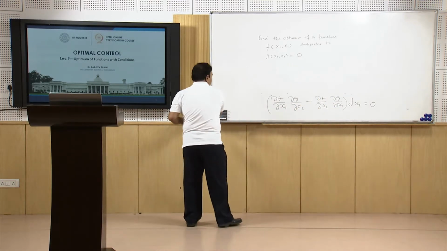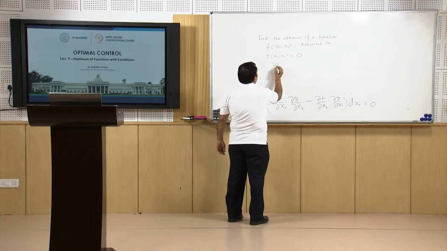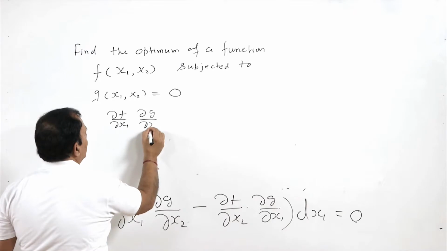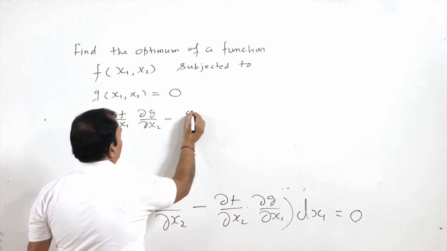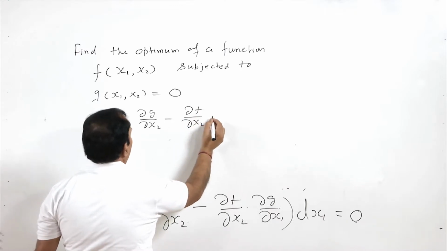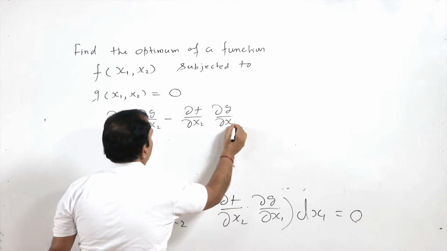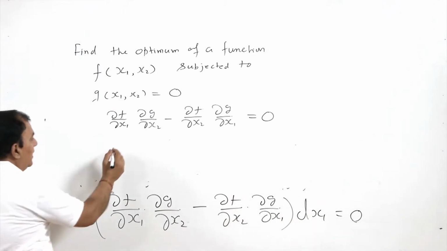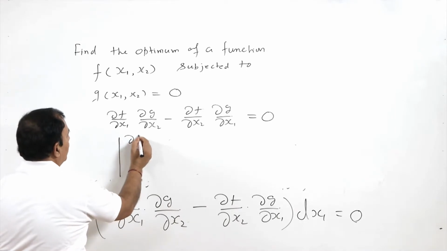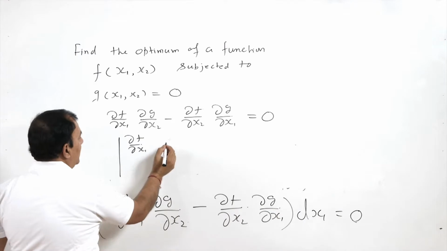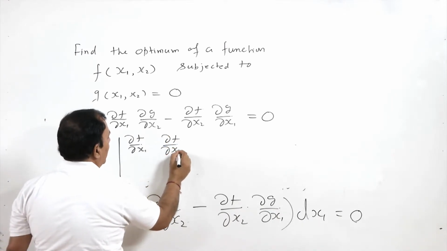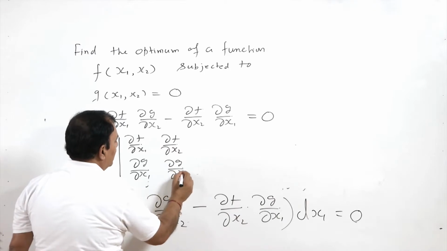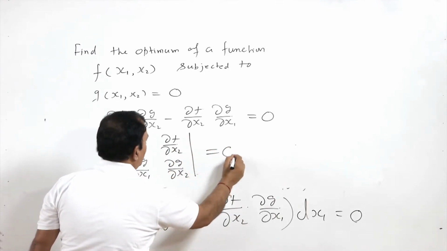So, I can say my ∂f/∂x1 ∂g/∂x2 minus ∂f/∂x2 ∂g/∂x1 must be equal to 0, or we can simply write it as the determinant of ∂f/∂x1, ∂f/∂x2, ∂g/∂x1, ∂g/∂x2, that determinant must be equal to 0.